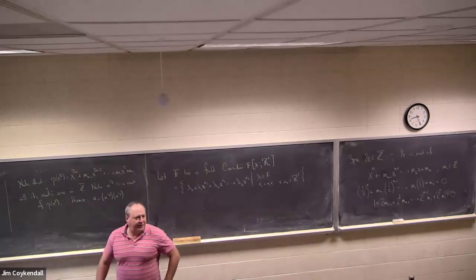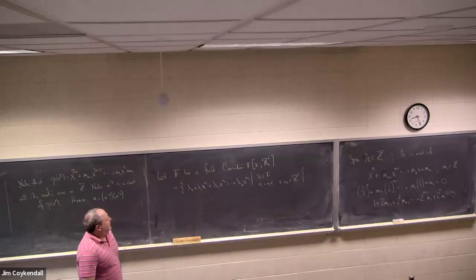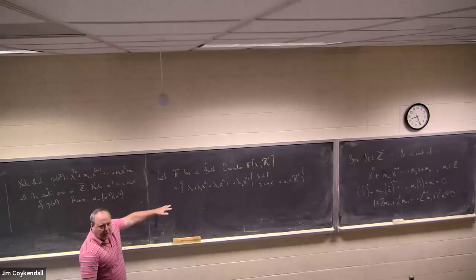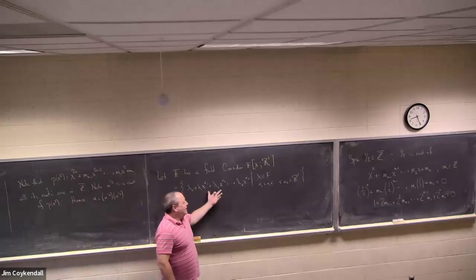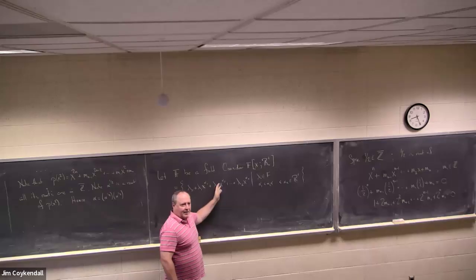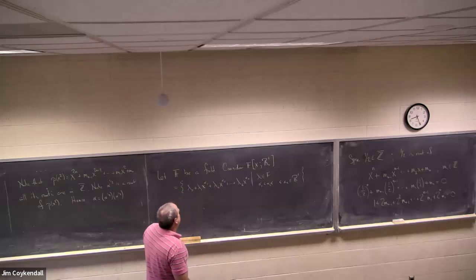Now, this is an integral domain. Would everybody agree that when you add two such polynomials, you still get a polynomial like that? And when you multiply, you just add the degrees, and you get the sequence here.